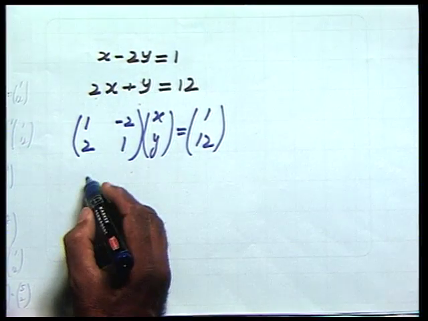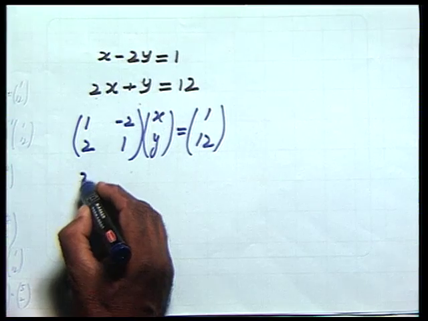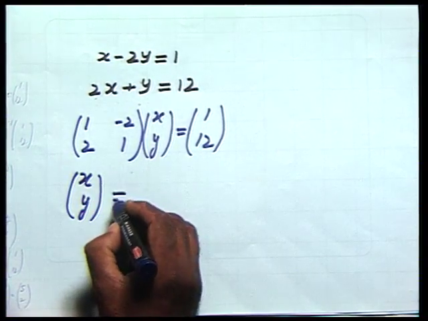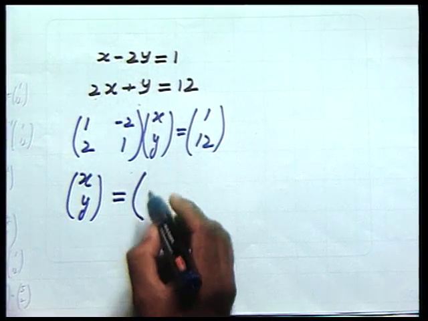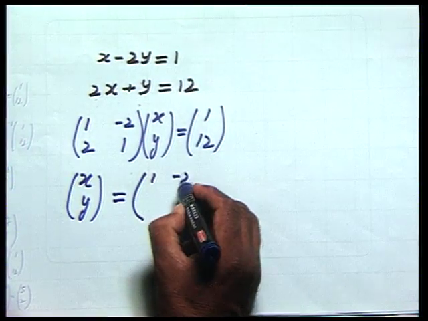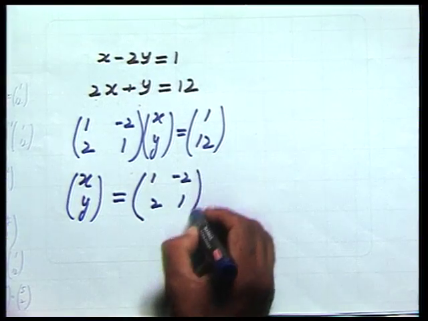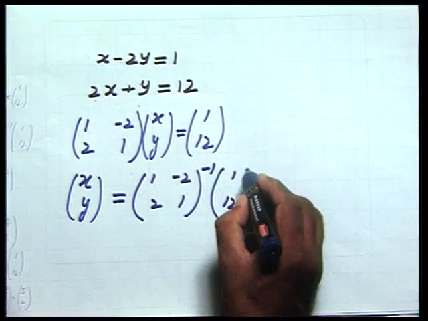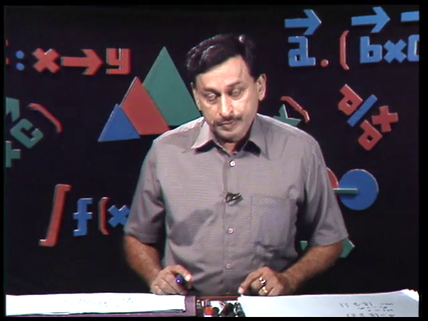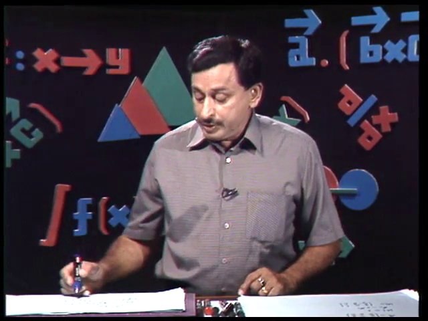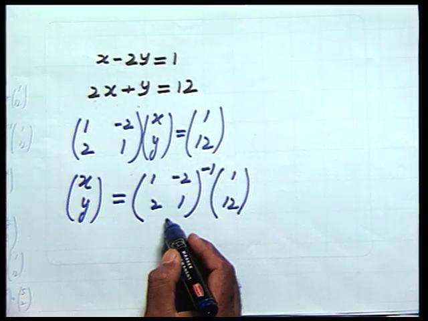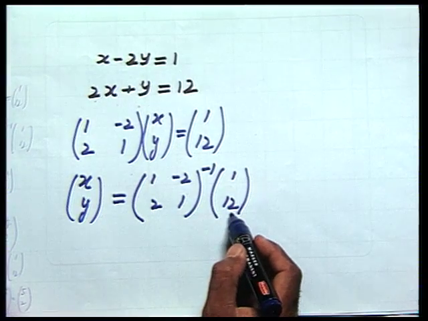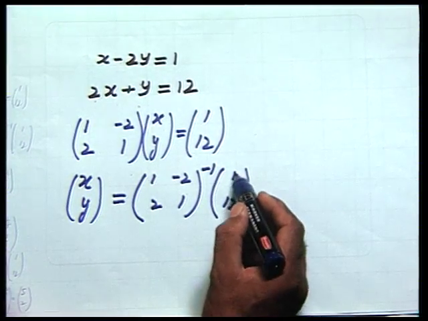Now, in case I am trying to find out what x and y are, then what I have to obtain is the matrix [x; y] equal to the inverse of [1, -2; 2, 1] multiplied with [1; 12]. This is what I have to do. So, all that remains is to find the inverse of this matrix and multiply it with the matrix [1; 12].